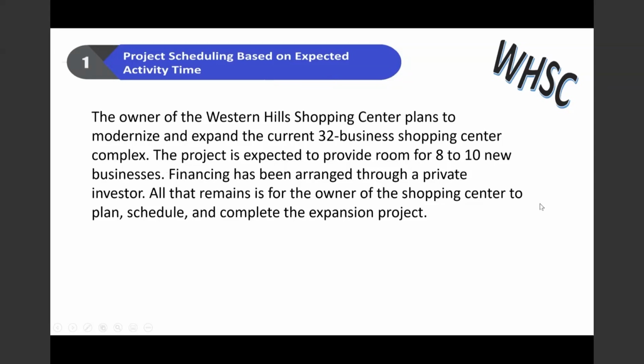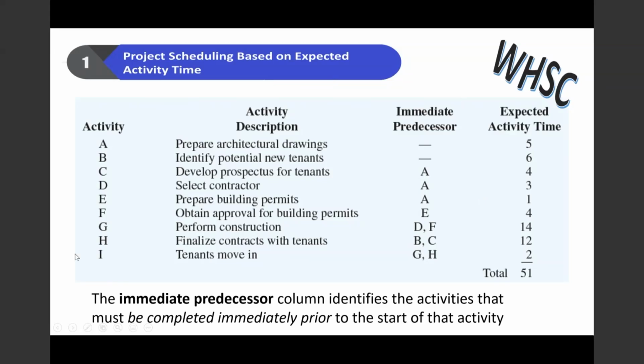So here, this is the list of the activity description, the immediate predecessors, as well as the expected activity time. Can you all still remember how to draw this?